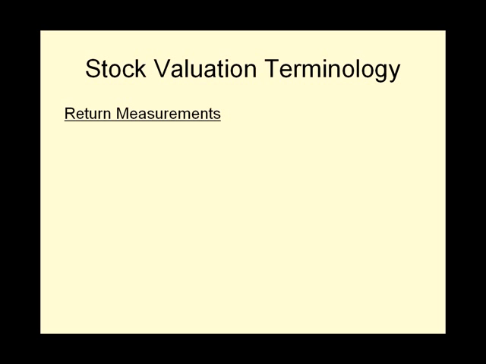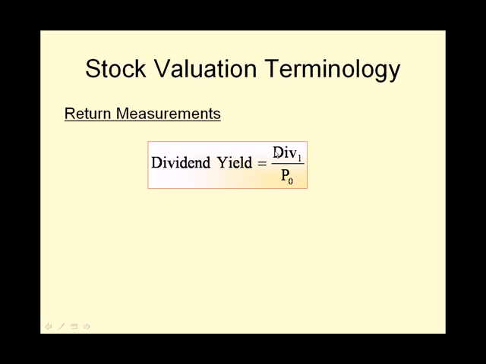Okay, just some additional terminology before we conclude this session. There are some common measures of returns on investment or returns on stock ownership that we haven't yet covered. I think actually we did cover the concept of dividend yield, which is the current dividend rate divided by the current stock price.